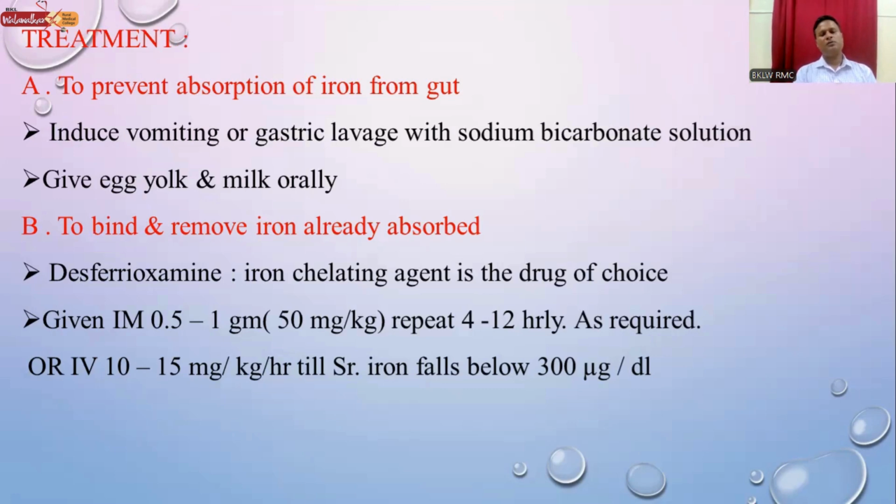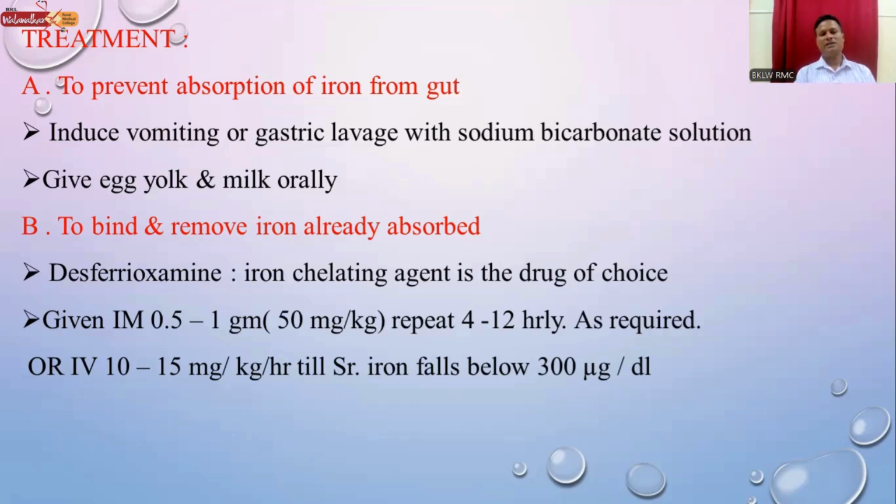The other mode of treatment addresses the iron which is already absorbed into the blood. We can give a chelating agent like desferrioxamine, which is also the drug of choice in such patients. Desferrioxamine is given by intramuscular route, at a dose of 0.5 to 1 gram, repeated after 4 to 12 hours as per the requirement.